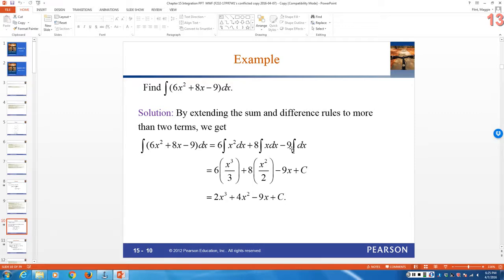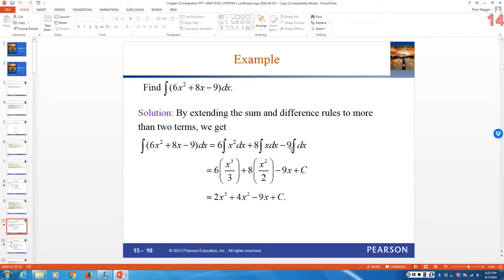This one takes a little more thought. The integral of a constant is not 0. The derivative of a constant was 0. But the integral of a constant is x. Now basically the reason that's true is because -9 could just as well be 9x to the 0 power.